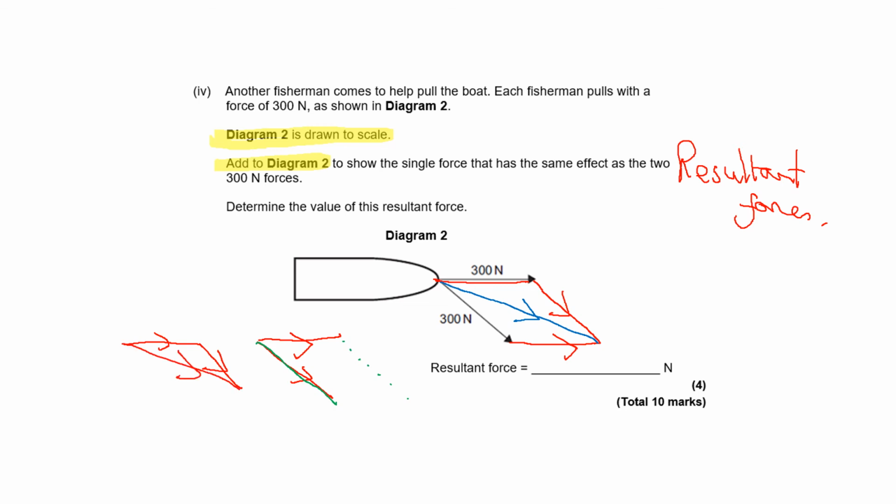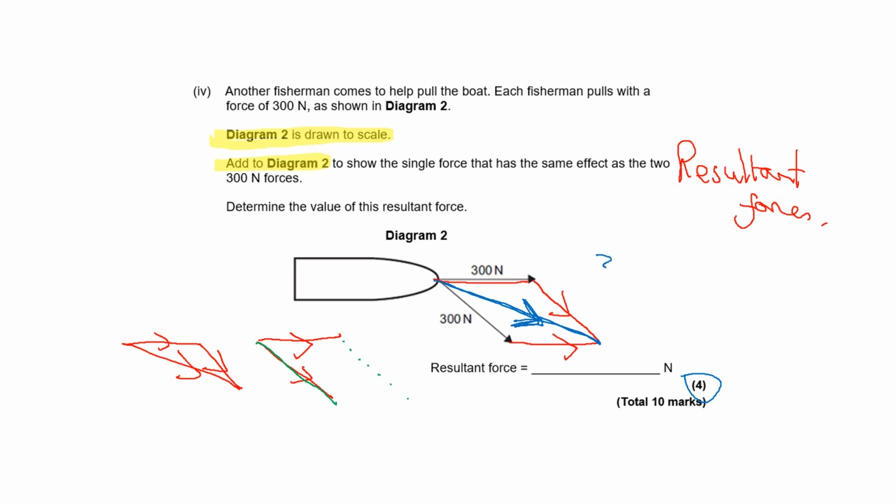So going back to my blue arrow then, in order to work out the resultant force, I would need to measure that. Now the only other thing which is a bit difficult here, I've got 4 marks. So I'm going to get a couple of marks for correctly drawing my parallelogram or my triangle of forces. Another mark then is for getting the scale right. So having measured this 300 Newton line, I now need to measure this blue line and then use the scale to work out how long that line is and therefore how many newtons it represents.